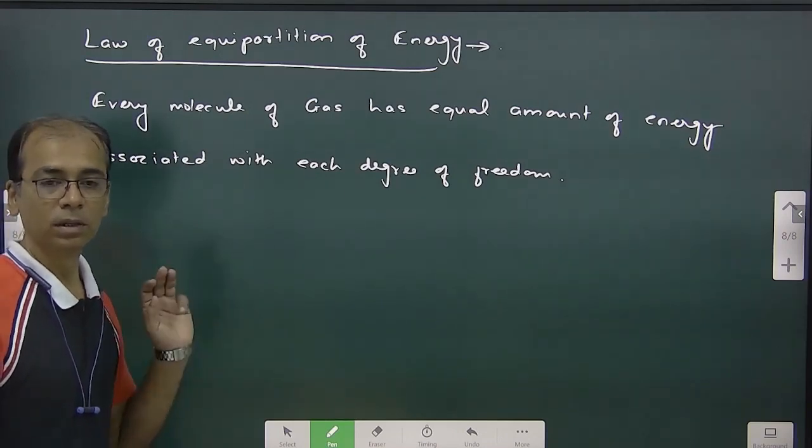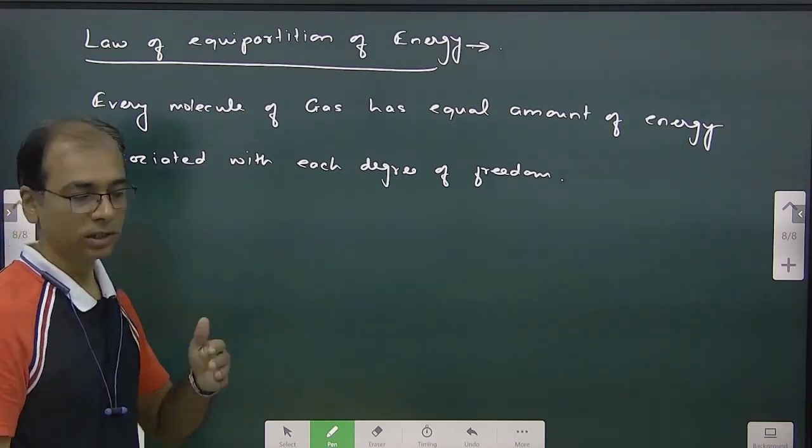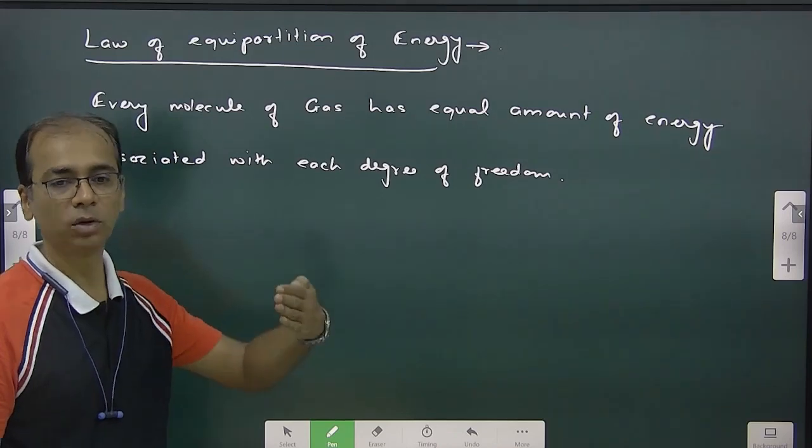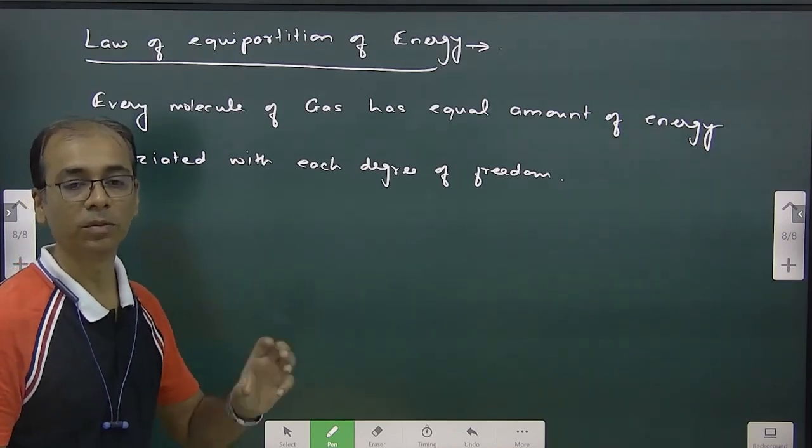So if it is having three translation kinetic energies, along x-axis, along y-axis, along z-axis, the energy associated with them will be the same.